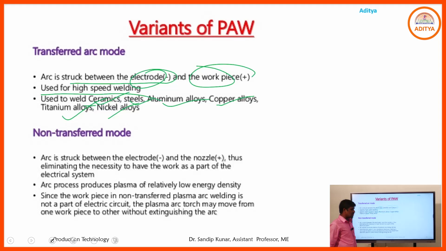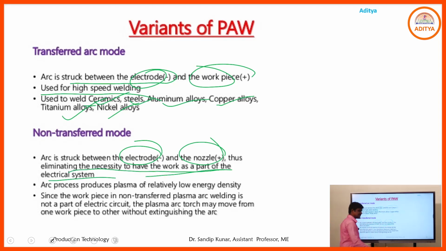Another is the non-transfer mode. Here the arc is struck between the electrode and the nozzle, not the workpiece. The electrode and nozzle are connected to the power supply. Thus there is no need for the workpiece to be part of the electrical system.